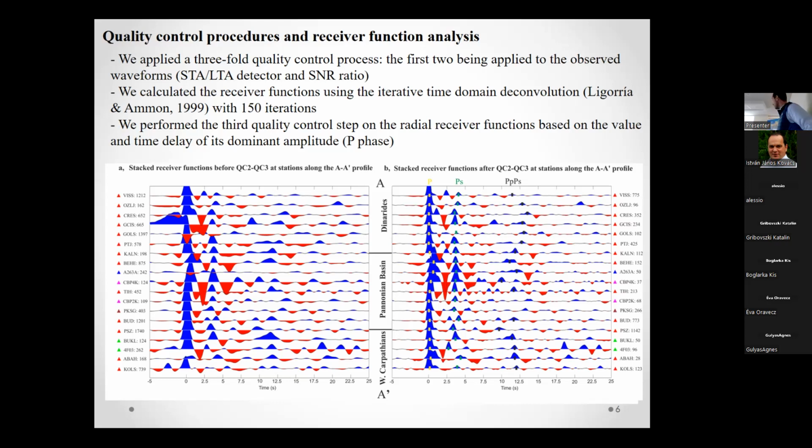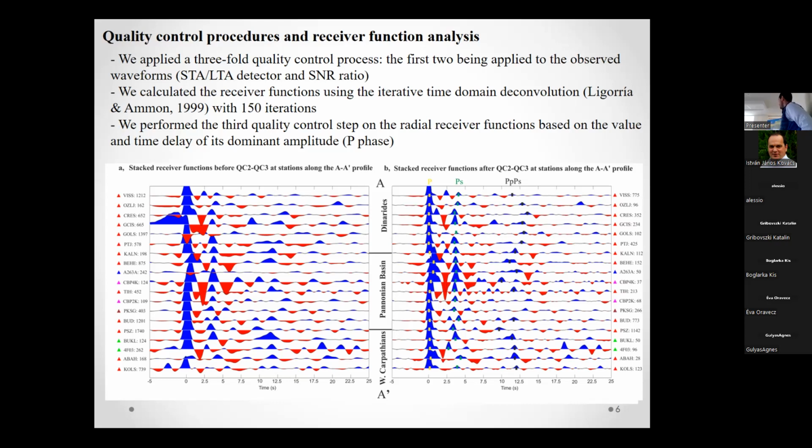After the first 2 quality control processes, we rotated the waveforms. This maximizes the useful energy for the analysis. After this step, we calculated the receiver function with iterative time domain deconvolution with 140 iterations. And the third quality control step was performed on the radial receiver function, based on the value and time delay of the dominant amplitudes.